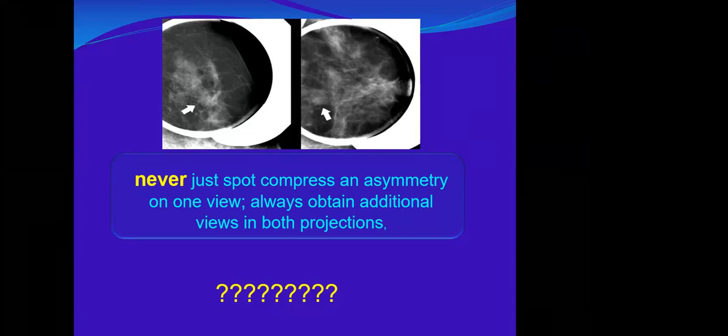Okay, you are right. They recommend never doing just one spot compression for an asymmetry on one view; always obtain additional views in both projections. Never do one spot. Why? Spot compression in the same projection as the standard mammographic view may produce only the same superimposition of structures and not differentiate a lesion from the summation shadow despite increased pressure, as we have seen in the previous example.